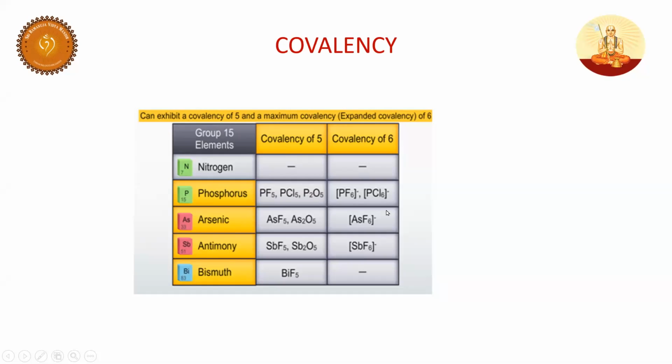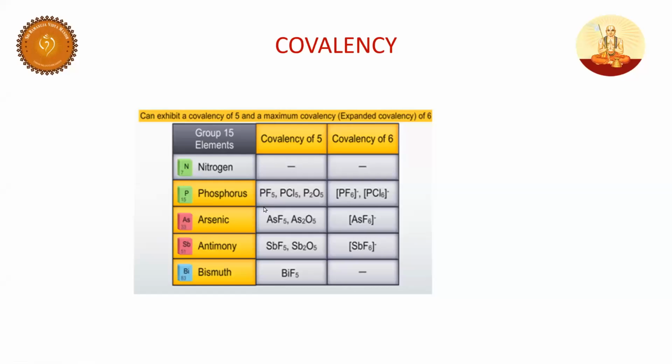Sometimes in complexes 6 is also feasible. But nitrogen exhibits only a covalency of 4. What is that? Can anybody tell one compound with covalency of 4 for nitrogen? NH4 plus. NH4 plus, very good.